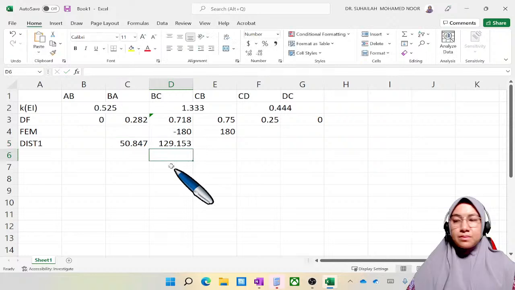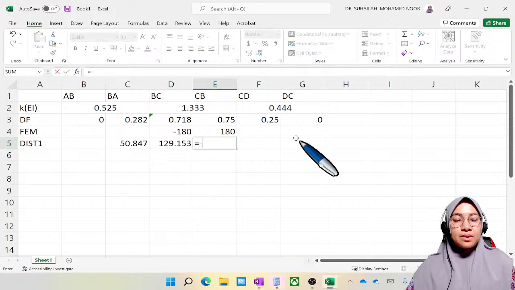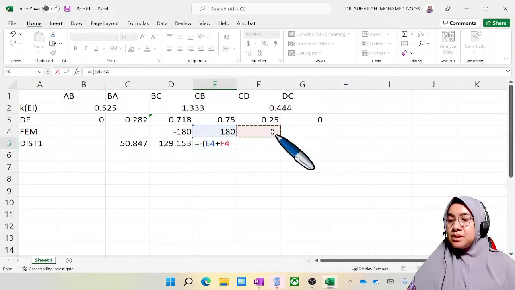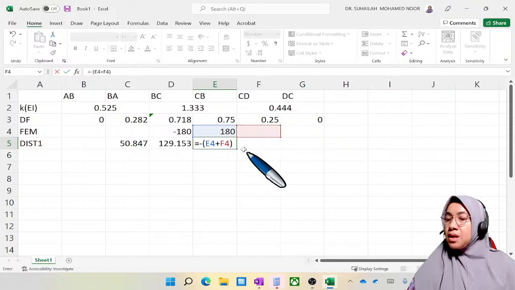So we do the same for CB and CD. It is negative 180 plus 0, times 0.75.